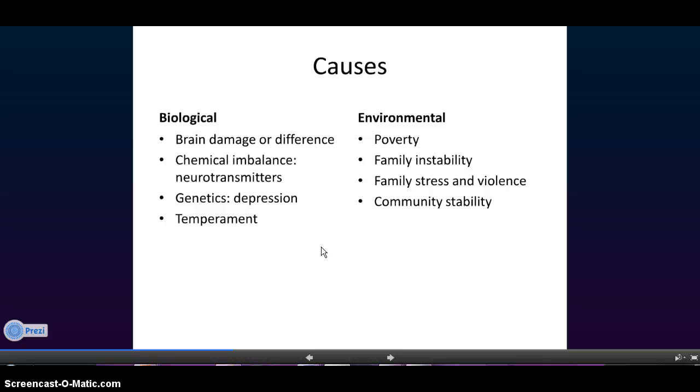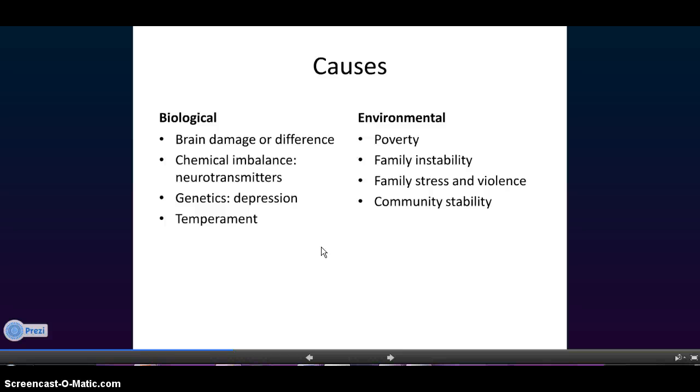The prefrontal cortex, for instance, is the emotional center of the brain, and for some people that part of the brain may be larger or smaller, and it may cause differences in their emotional makeup. Chemical imbalance, and here we're talking specifically about neurotransmitters. Serotonin, dopamine, and norepinephrine are all neurotransmitters that are tied to depression, to hyperactivity, and to other emotional and behavior disorders.